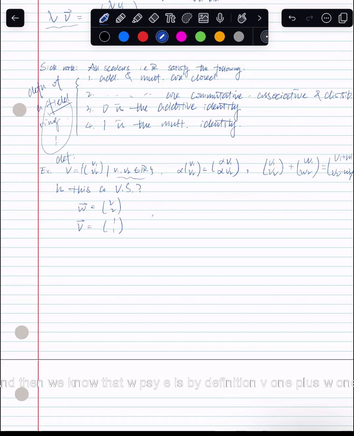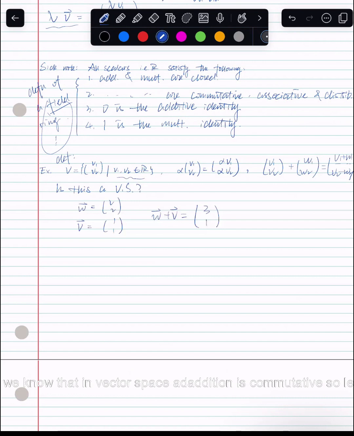Then w plus v is by definition (2 plus 1, 2 minus 1), that's 3, and 1. This is w plus v.